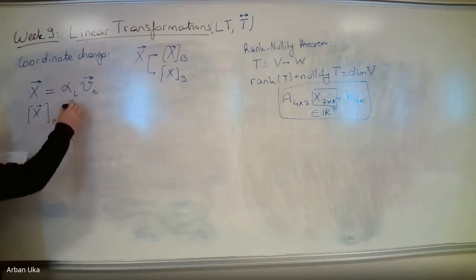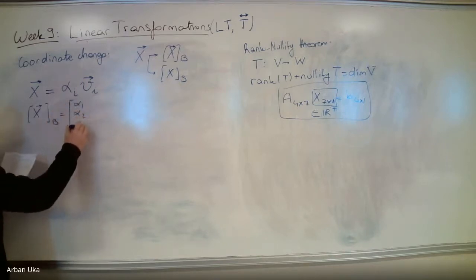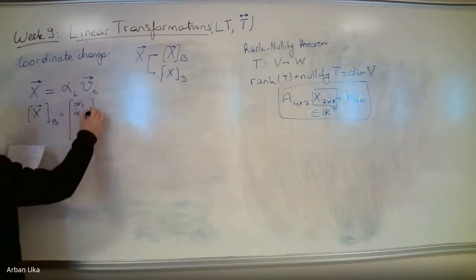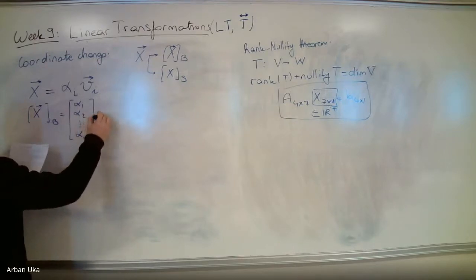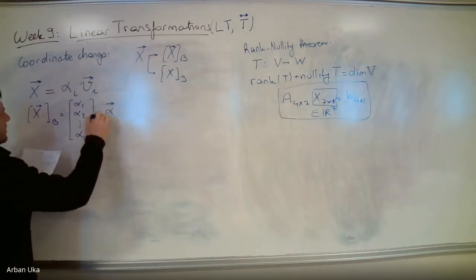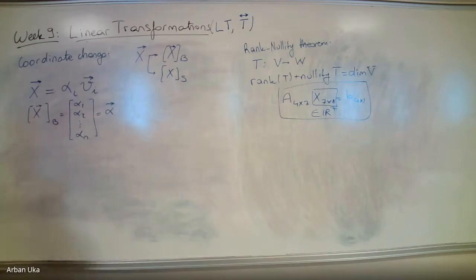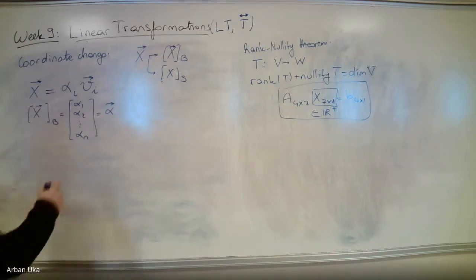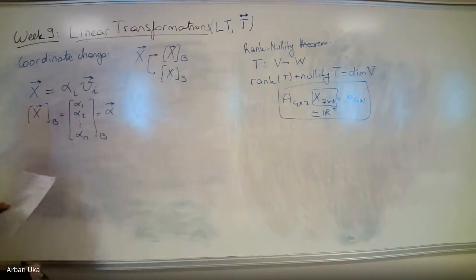So this means that these are the coordinates: alpha 1, alpha 2, and alpha m, or simply alpha, and again we denote this as b.